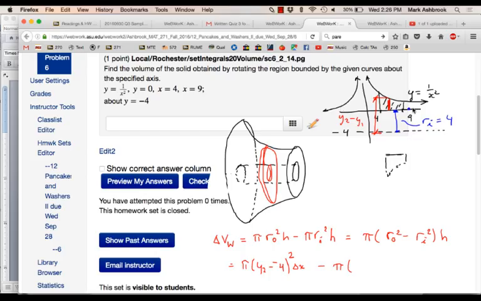Because 0 is the inner radius, and then to negative 4. Or you could just recognize, oh, that's just a distance of 4 for the whole way. So this one is going to be, what? 4 squared delta x. So all we have left now is to change this y2 into terms of x, and that was this curve right here. So that, what is that? 1 over x squared. So just change that to 1 over x squared.